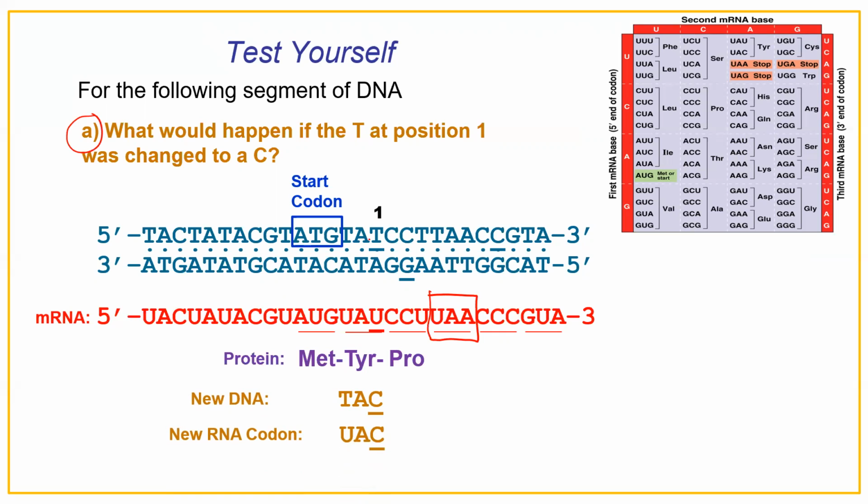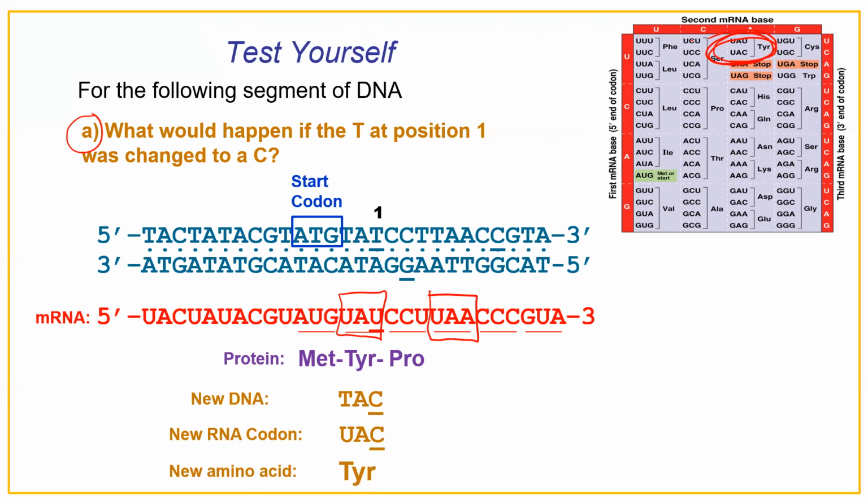I don't need to change everything else because I'm just dealing with the one codon. So I started off with a UAU, and UAU on the genetic code is a tyrosine, and now I'm changing to a UAC. I'm going to circle that on the genetic code here. What does that mean?